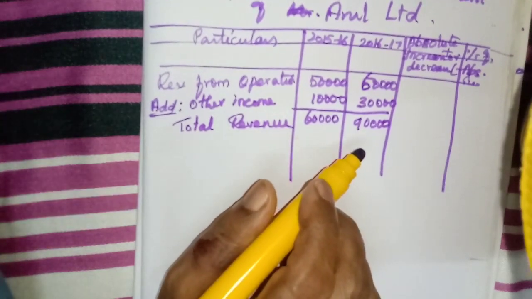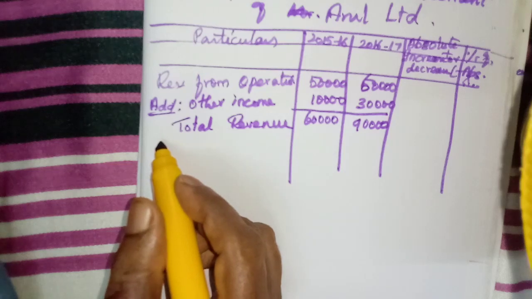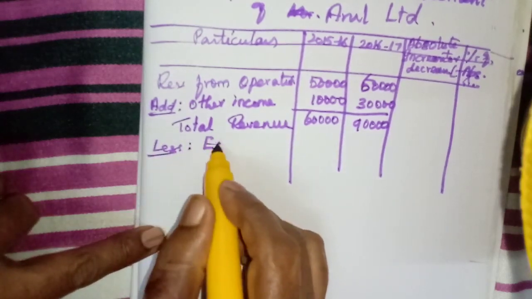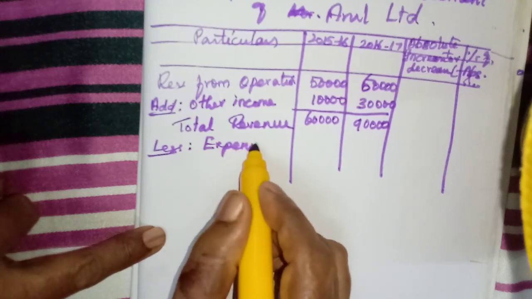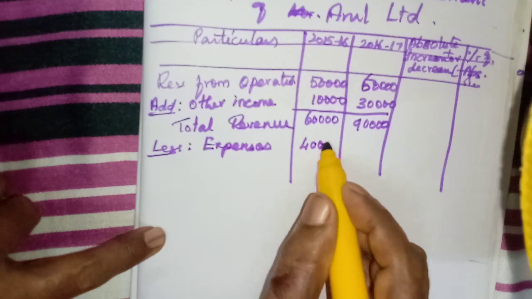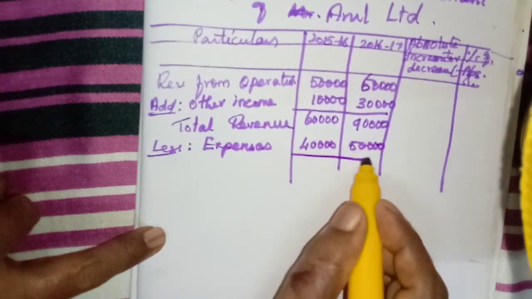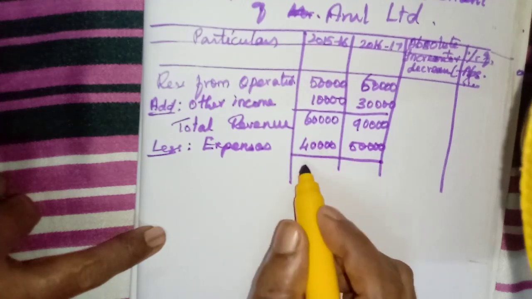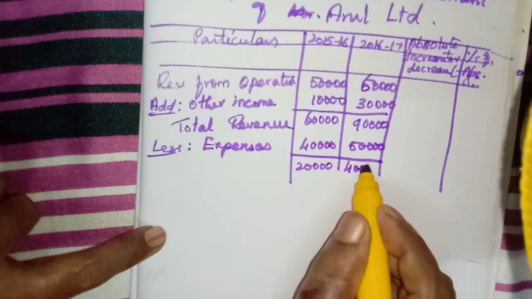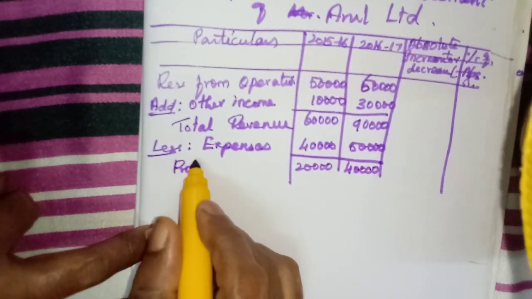Then next item, less expenses, 40,000, 50,000. Less, and here 20,000, 40,000. This is profit before tax.